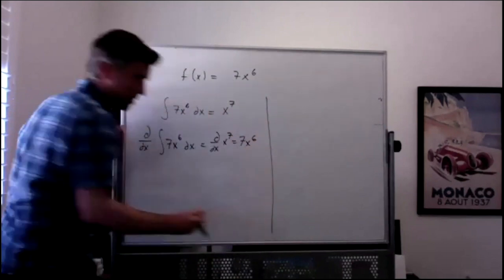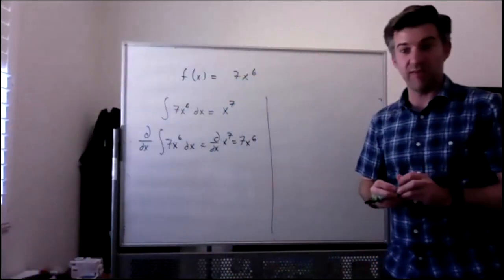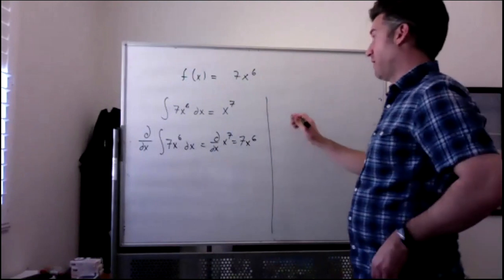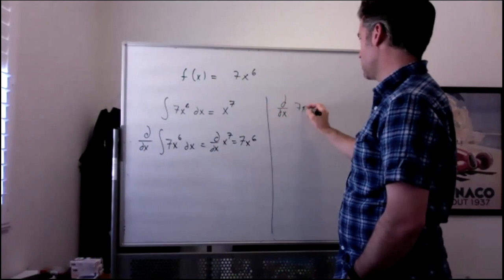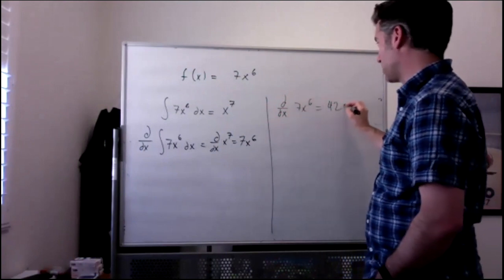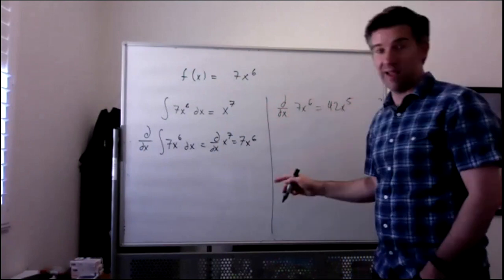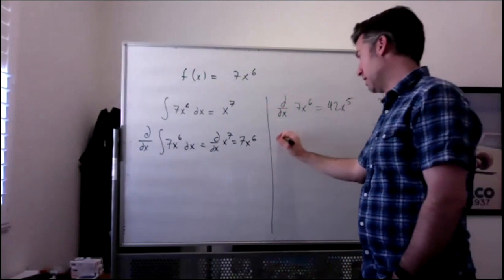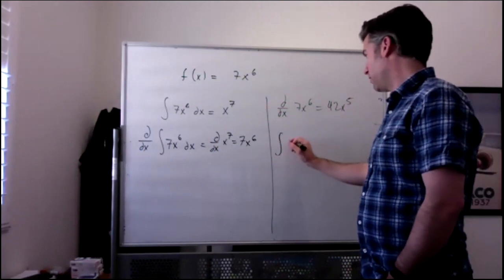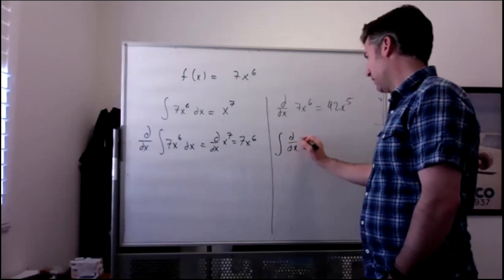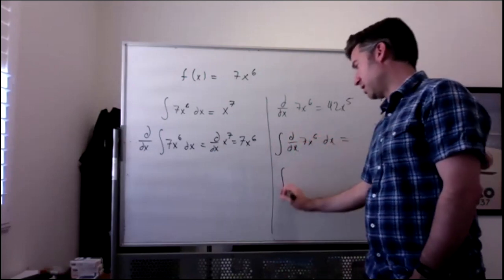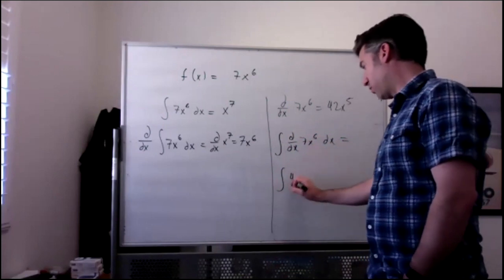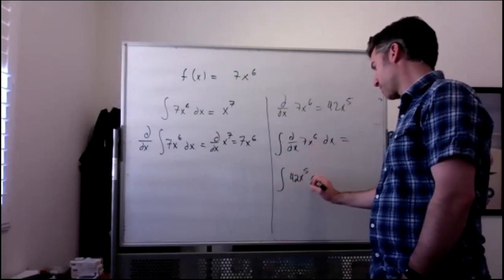However, if you do things in the opposite order, you're not quite going to end up with 7x to the 6th at the end. So if I first differentiate 7x to the 6th, I'm going to get 42x to the 5th. If I then antidifferentiate that, so if I do the antiderivative of the derivative of 7x to the 6th with respect to x, I end up with the antiderivative of 42x to the 5th.